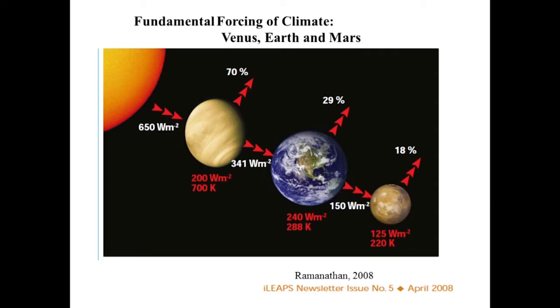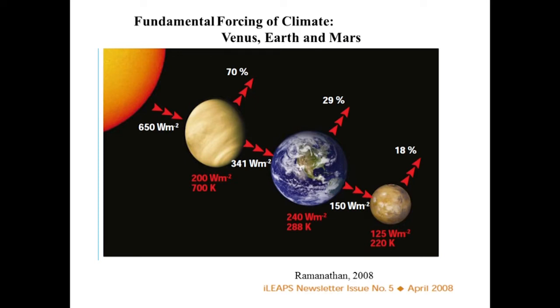So solar energy is not the explanation for why Venus is hot. Venus is hot because of the greenhouse effect. It has a million times more carbon dioxide and massive amounts of sulfuric acid droplet clouds. So we know the greenhouse effect can run away. In fact, when looking for extraterrestrial planets, one looks for the exact distance between the sun and the planet, but that's not the only determinant of climate.